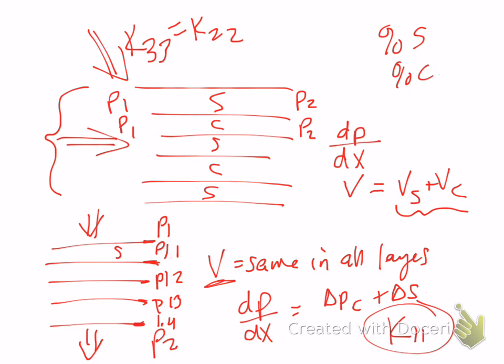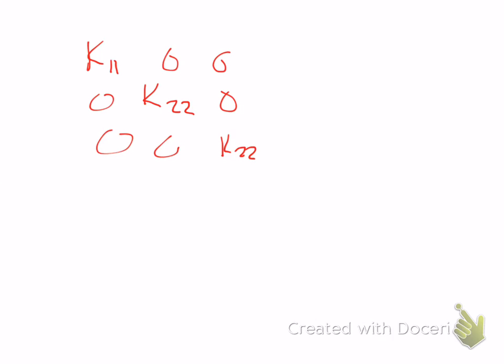This one is your K11 component. So there's a little bit of different math to get there, but once you have that equation, it's basically an averaging of the permeability properties, but you can't average them the same in both directions. But then you'll end up with some K11, K22, K22, since those are equal.